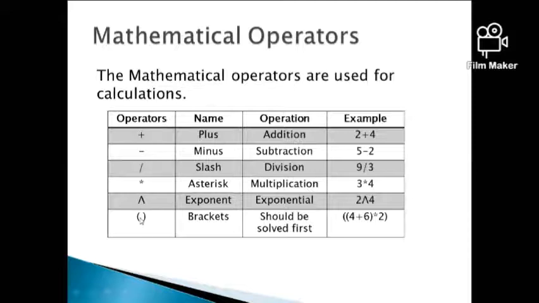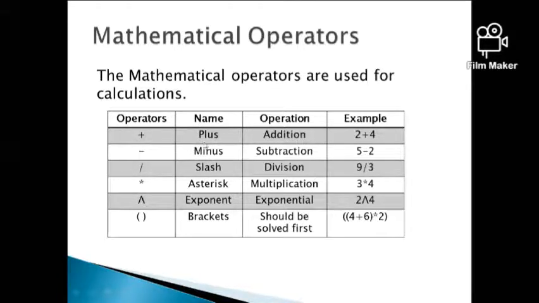These symbols are known as operators, and the work is known as operation. This sign, this one, this, all these are known as operators, and the work which is done with these operators is known as operation.